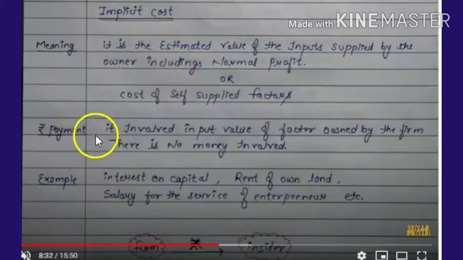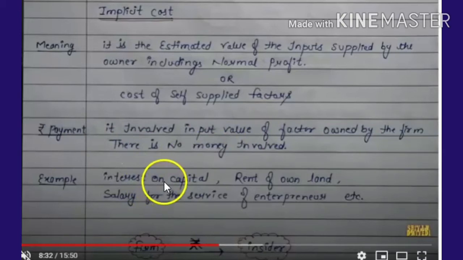Okay, so payment involved is the input value of factors owned by the firm. There is no money involved. So the factor which he owns, he has to pay no money for that. So that's known as implicit cost.